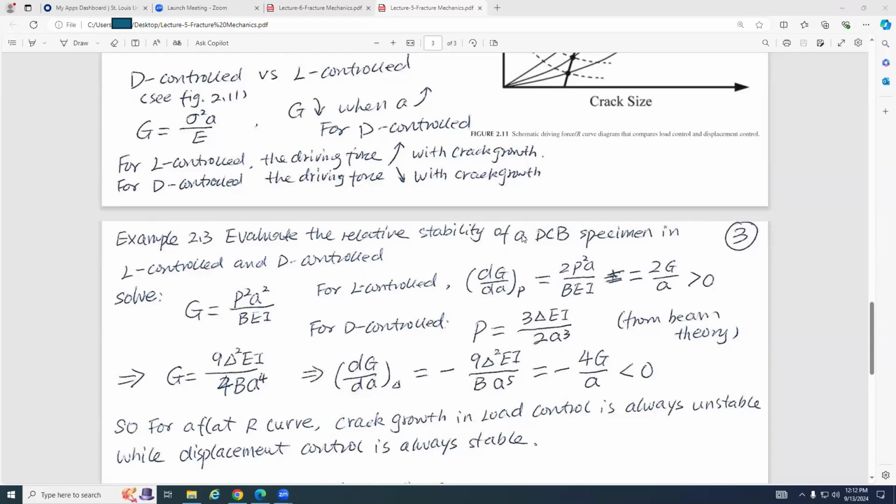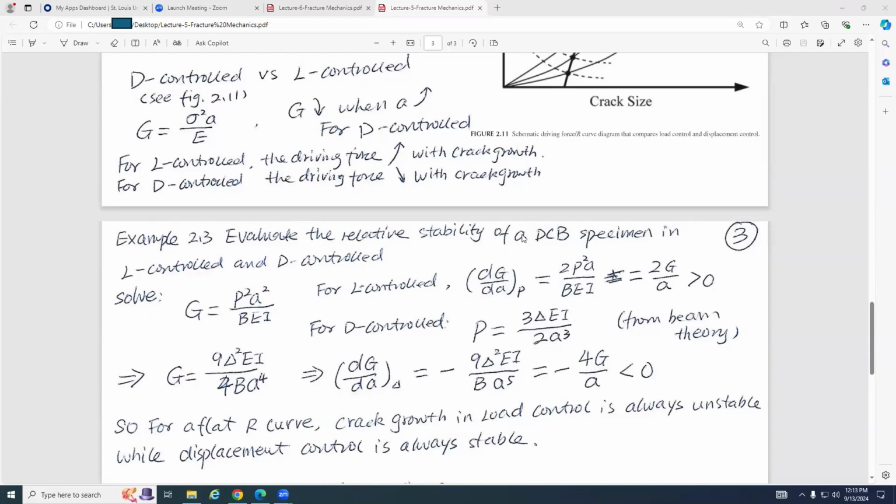Keep in mind A to the power 3 is part of the denominator. You just plug in and we will have this equation: dG/dA equals minus 9 delta squared EI over B A to the power 5.